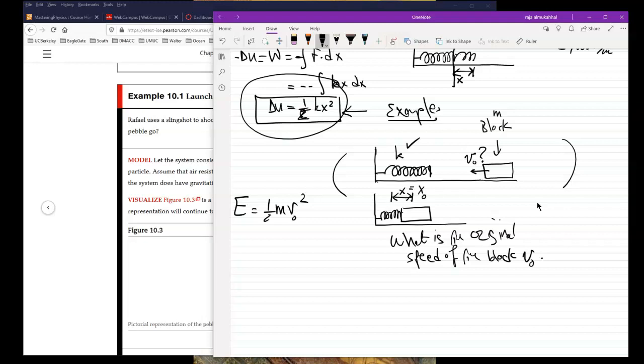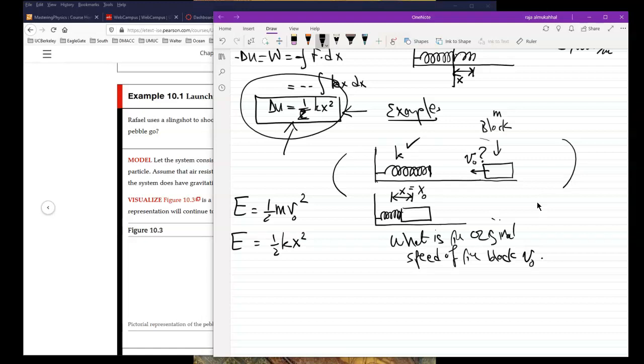Now, at the moment of maximum compression right here, nothing is moving. All this kinetic energy has converted into spring potential energy, all of it. So the energy after collision is all 1/2 kx squared.